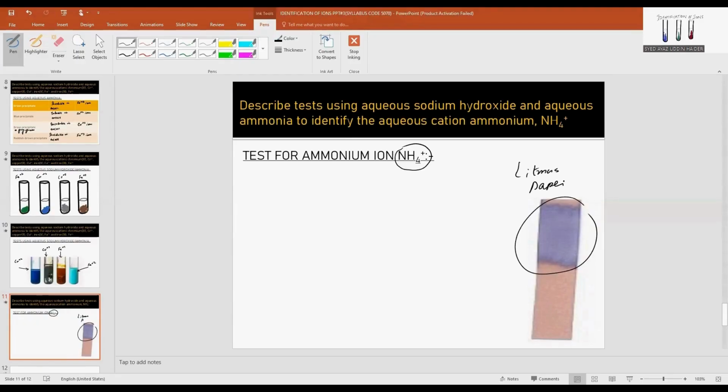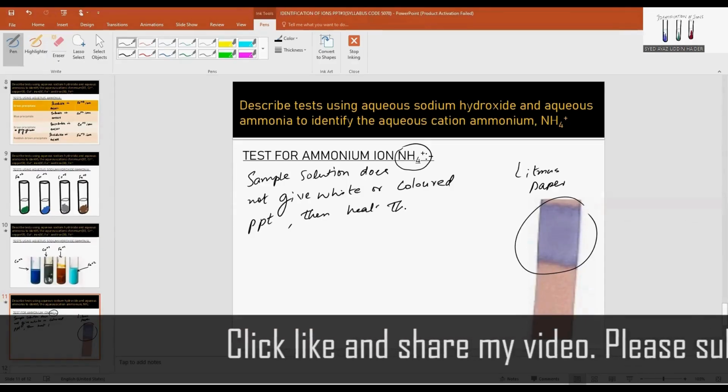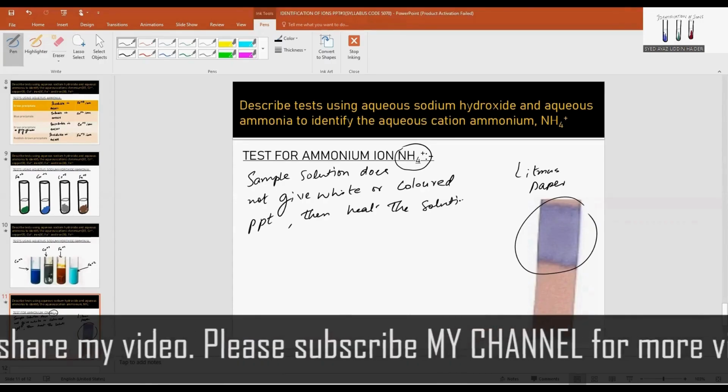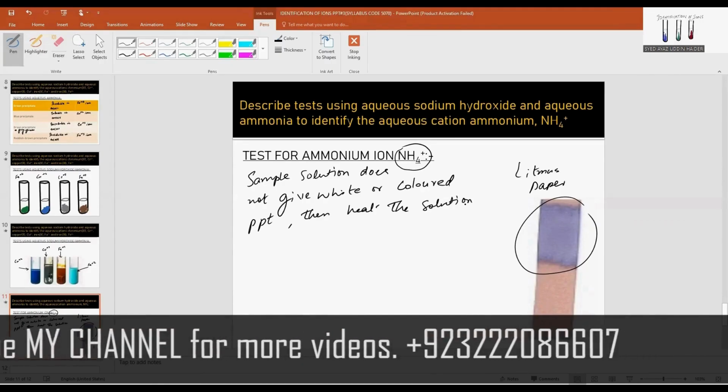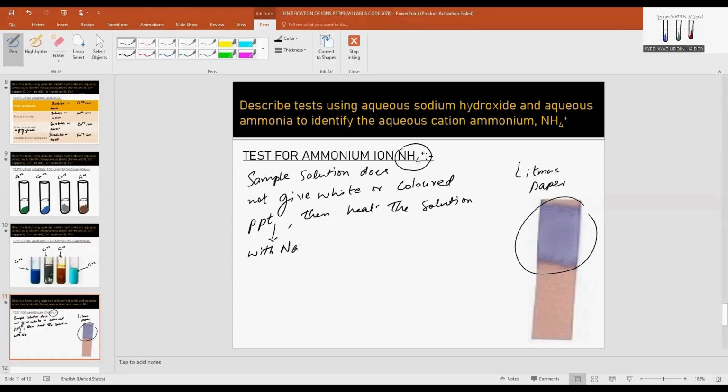I will write the test. Sample solution does not give white or colored PPT. Then heat the solution. We have already added aqueous sodium hydroxide, so we write with NaOH.